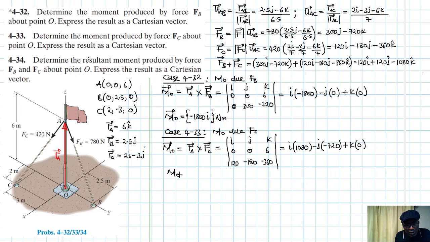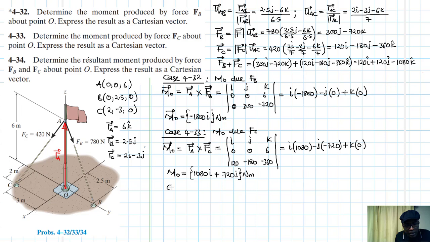Therefore, this moment due to FC, moment about point O due to FC, is equal to 1080 I plus 720 J, right, and the units are Newton meters.